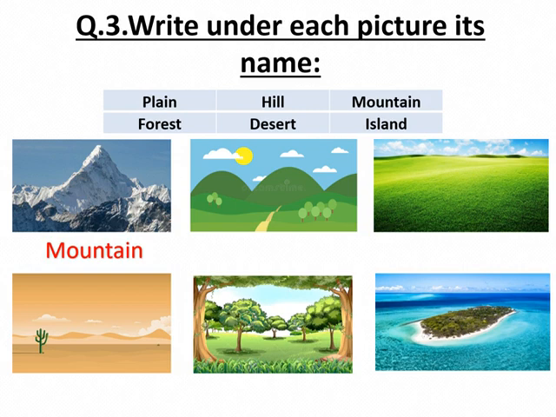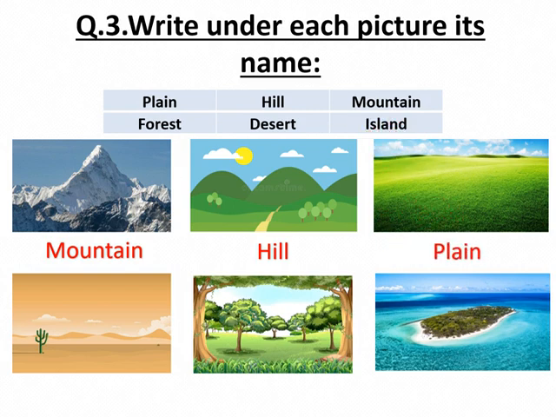Picture number 2. Lower than the mountain. Also, it is high but not as high as a mountain. It is hill. Excellent. Picture number 3 is a low flat land, plain.